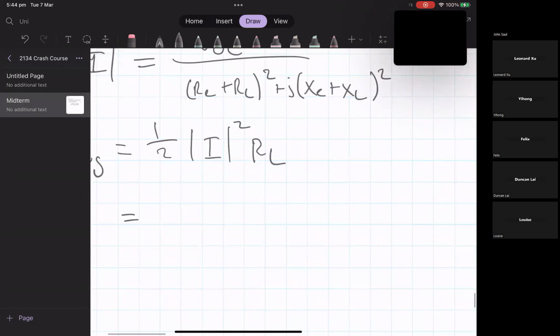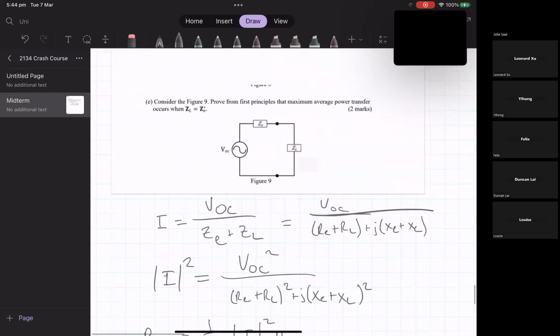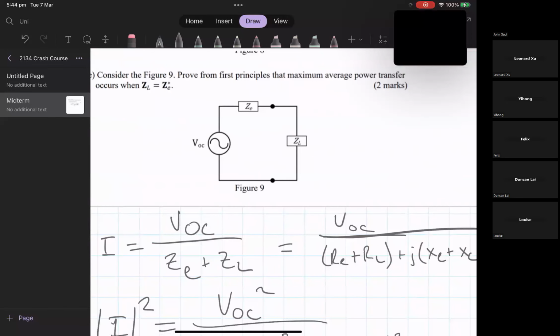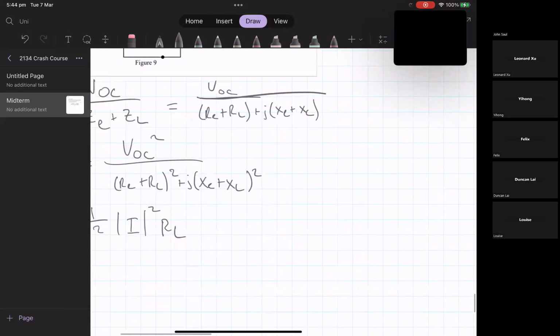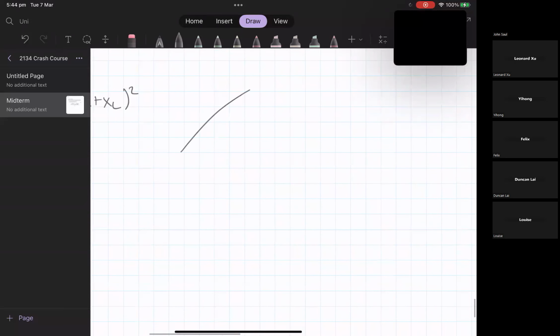Does everybody know why we're using RL here instead of the impedance ZL? Again, we can relate that back to the power triangle, looking at the real and the imaginary parts. The average power is the real part of the power triangle and the reactive power is the imaginary part.